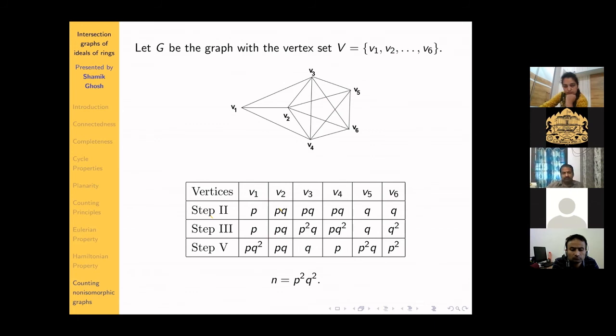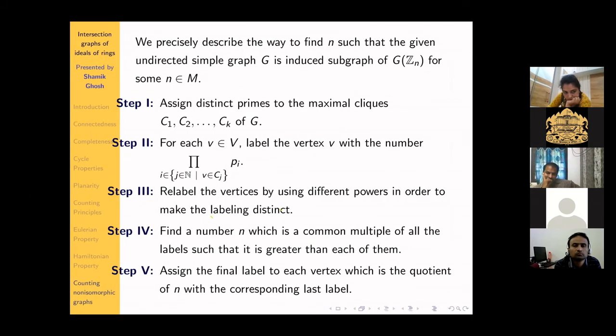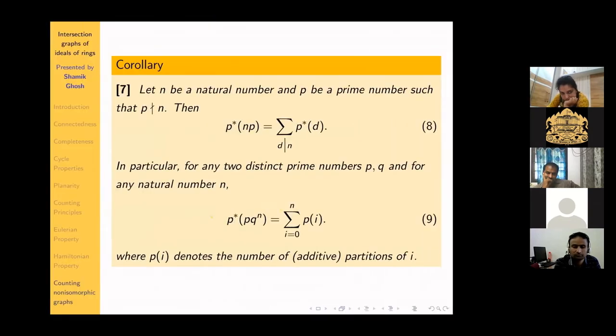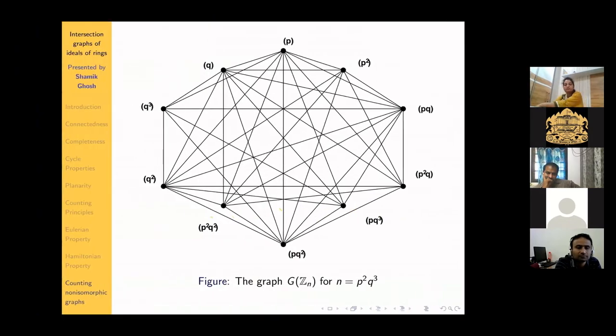I don't know whether in future someone can derive some coding from the structure of the mother graph of the intersection graphs of ideals of Zn, because every simple undirected graph is an induced subgraph of it. However, this is just a hope. I do not know whether this hope will see the light in future or not.